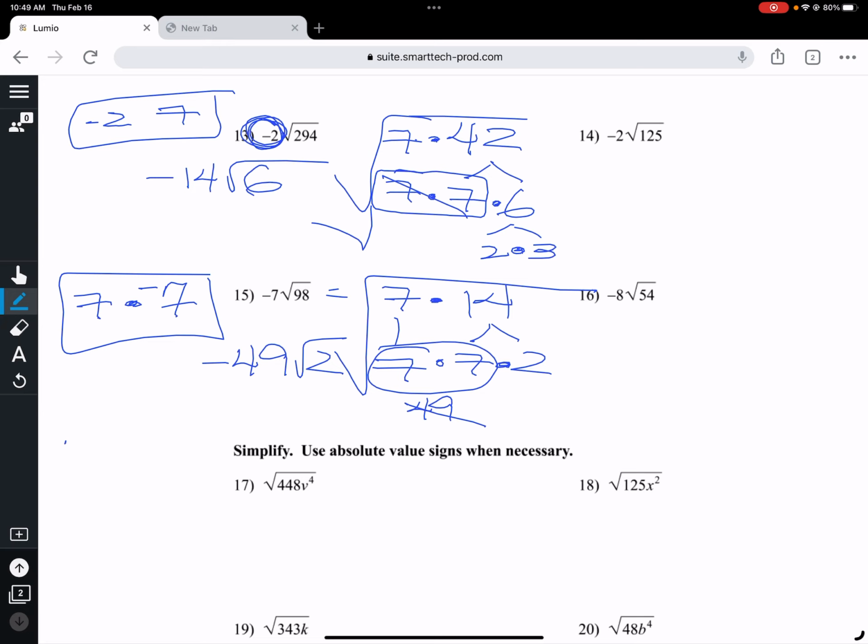All right, number 17. Notice the directions say use absolute value signs when necessary. What does an absolute value bar look like? Yeah, very good. Just like this. What does it mean if a number's inside an absolute value bar? It can't be negative. If we have a negative inside the radical, what do we know that number is?